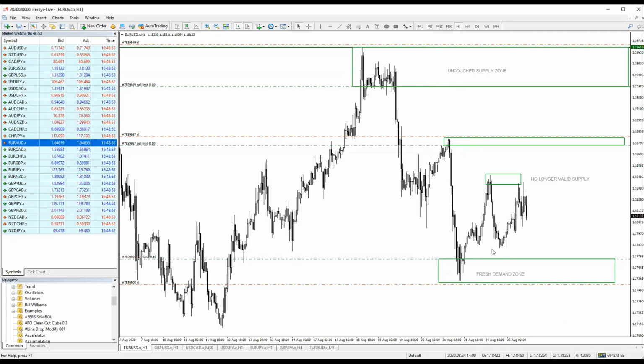With supply and demand, you have a very fast conviction whether your trade is going in your favor or not, okay? So at this point, with this level, we have a stop loss defined at 20 pips, okay? And once price gets back here, we will buy and we will risk 20 pips.